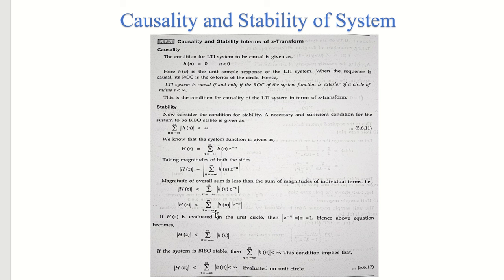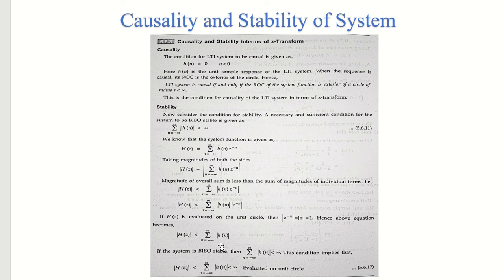So here, if H of z is evaluated on the unit circle, then the magnitude of z raised to minus n will be equal to 1, because the magnitude of z is equal to 1. And because of that, my equation will look something like this, because that term became 1. So the magnitude of H of z will be less than the summation n equals minus infinity to infinity of the magnitude of h of n. Now remember, what was the condition for my system to be a BIBO stable system?